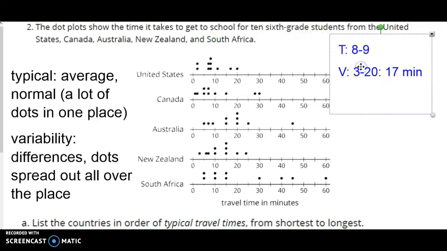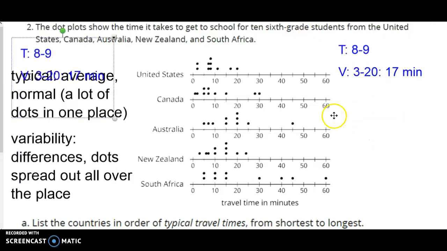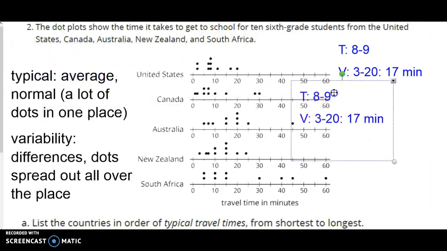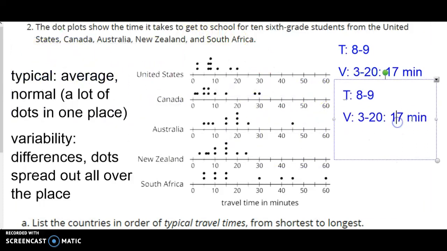Okay, so Canada. Once again, I am looking at where are there a lot of dots that are concentrated, and then what is the spread or the variability of the dots. So in Canada, I'm seeing a lot of dots that are concentrated right by this 5.